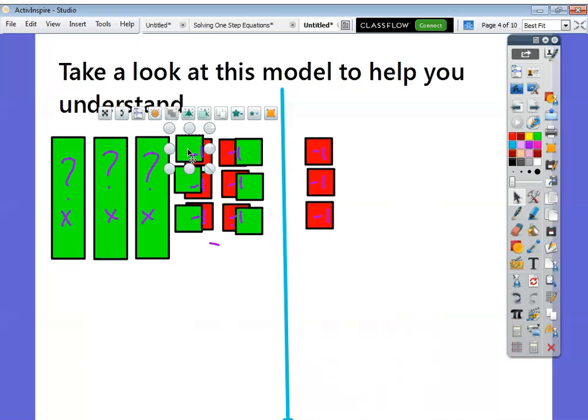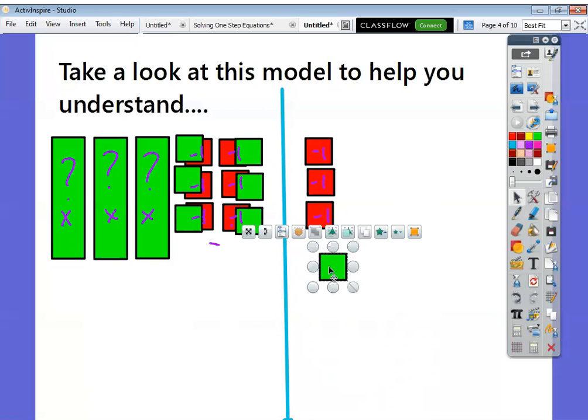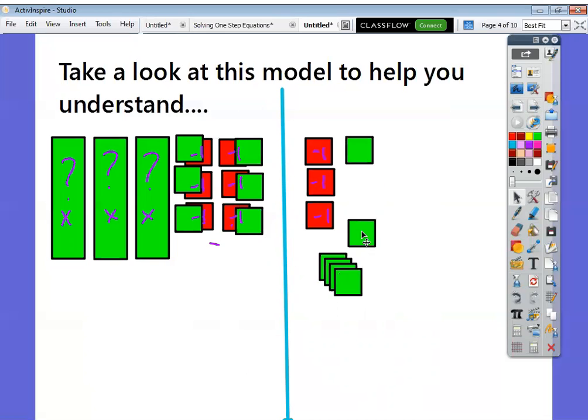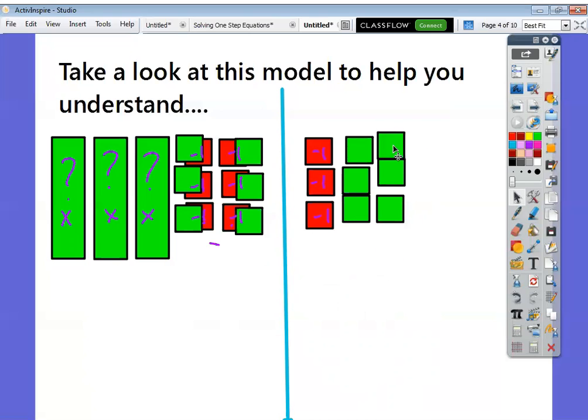Now, guess what? Since I just added those 6 on that side, I have to do the same thing on this side. I have to add the same amount because remember, it's a teeter-totter and I have to keep balance.